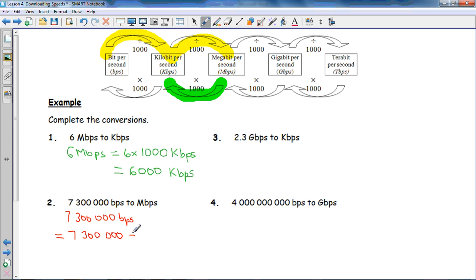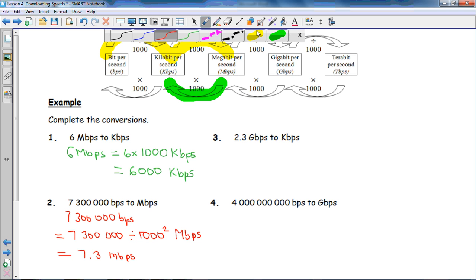Now to remember, we can write divided by 1,000 and we can write that 2 times, or we can just say to the power of 2. And that's going to give us an answer in megabits per second, which will be 7.3 megabits per second.